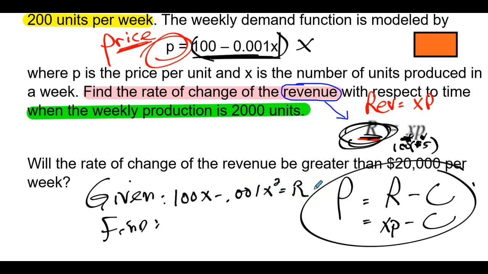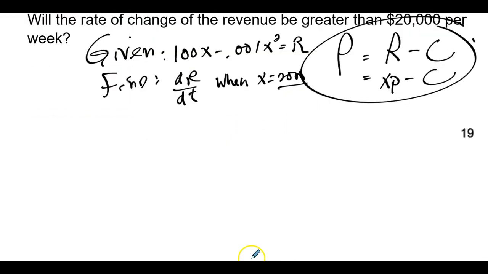And I know I'm trying to find dR/dt when x equals 2,000 units. So let's see if we could take this guy and find dR/dt.